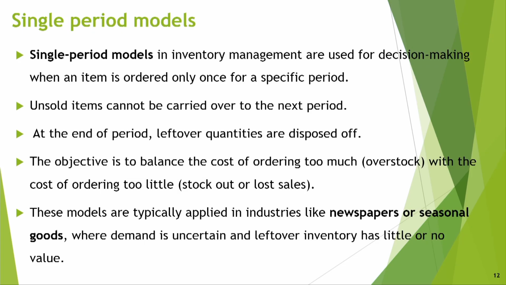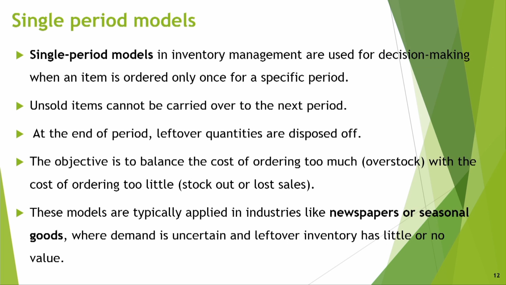So, single period models in inventory management are used for decision making when an item is ordered only once for a specific period. For example, if I purchase the newspaper, it is for today only, and after that there is no question of it. Of course, it can repeat; next day I will go and purchase another newspaper, but the decision has to be made about today itself.